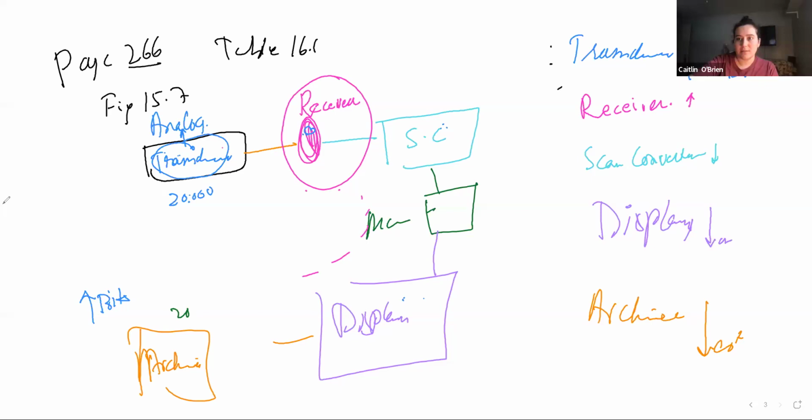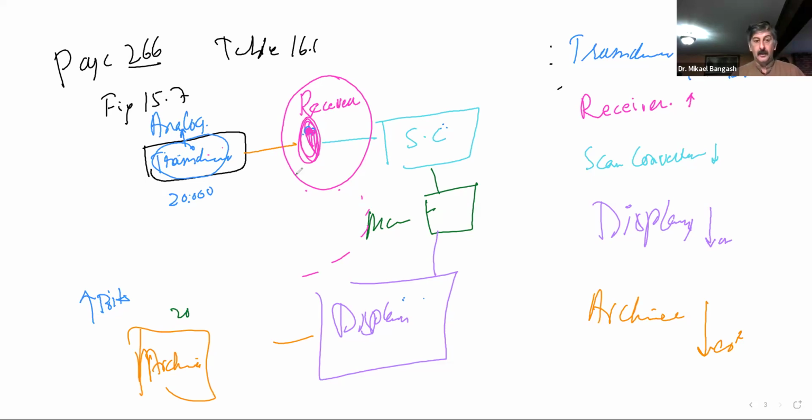The reason they say we need to reduce it as it goes is mainly because the receiver may not be equipped to handle 20,000 shades. That's why we'll have a lesser scale or a lesser range.